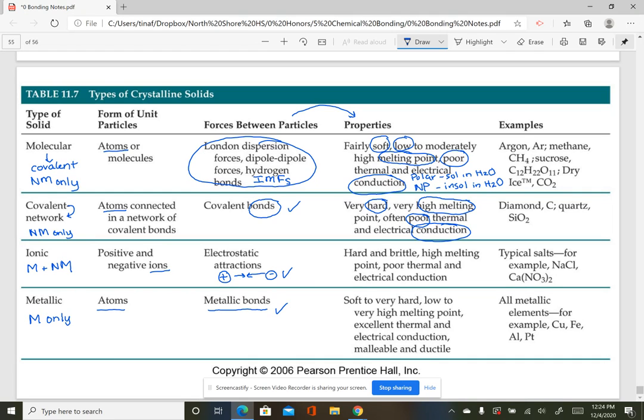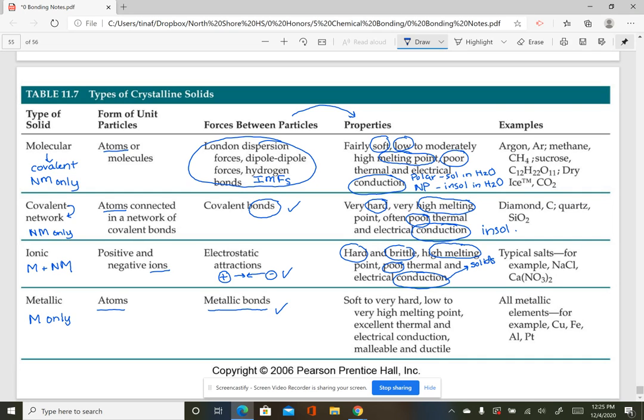For ionic bonding, and we could also say, guys, I'm sorry, they're insoluble in water. All right. For ionic, they're hard, brittle, high melting and boiling point. I know why it says poor conduction, because this table is talking specifically about solids, right?